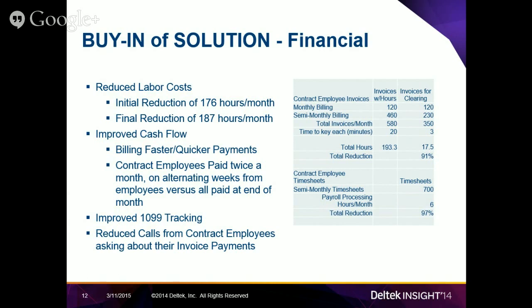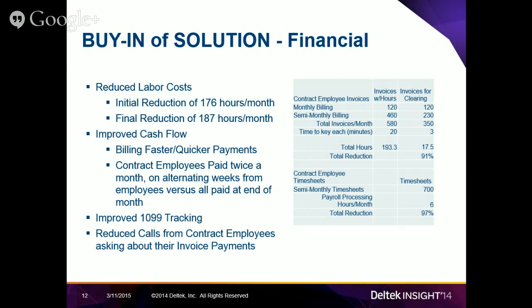So the initial reduction of labor time for the department was about 176 hours a month from us not having to key that in. The final reduction that we had was 187 hours a month. And I put in a little graph on the right-hand side, which you're going to see in some of these slides.